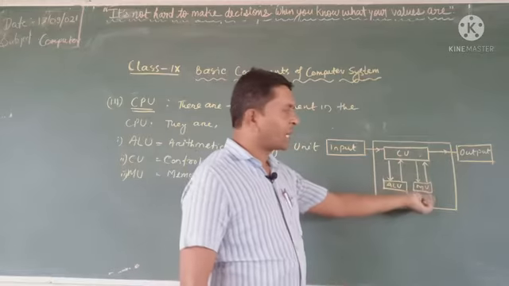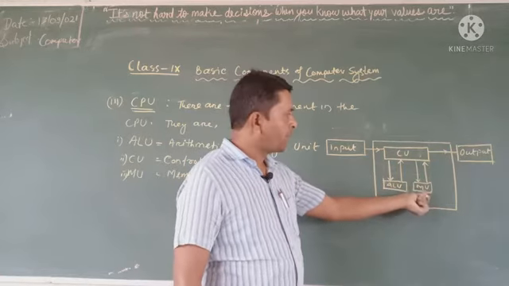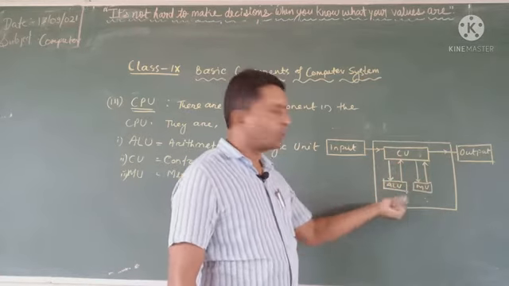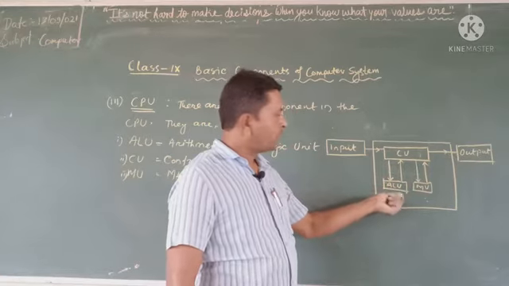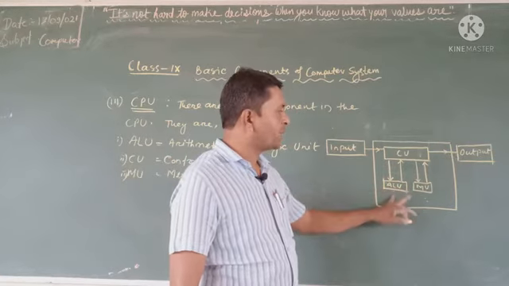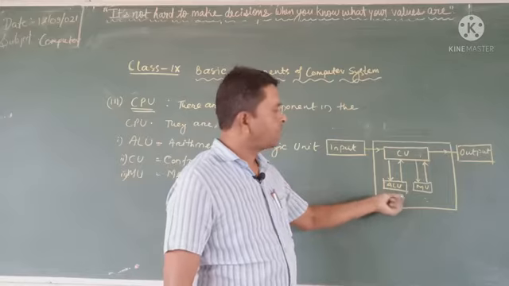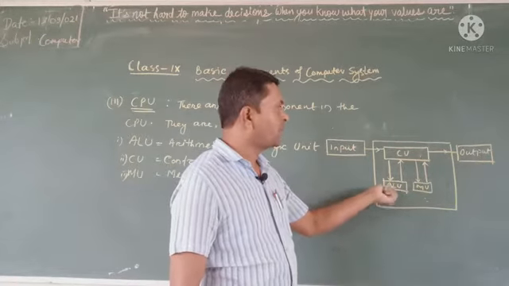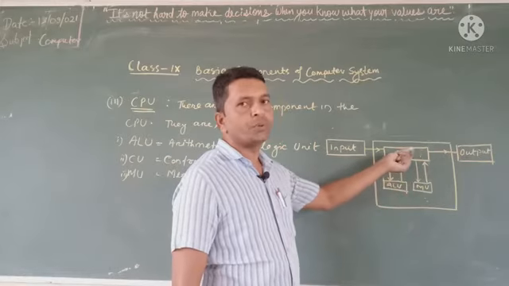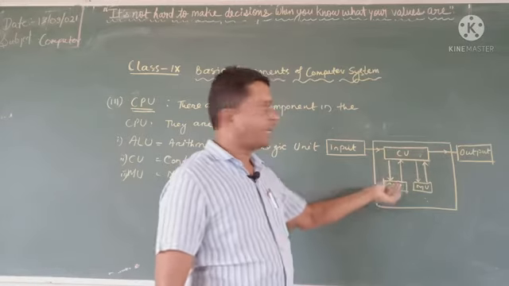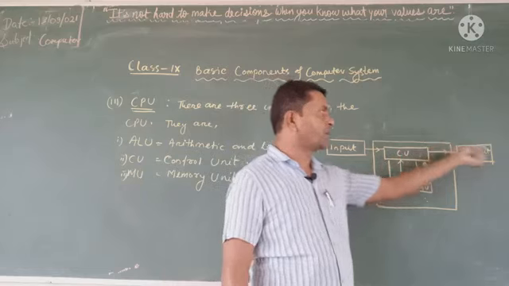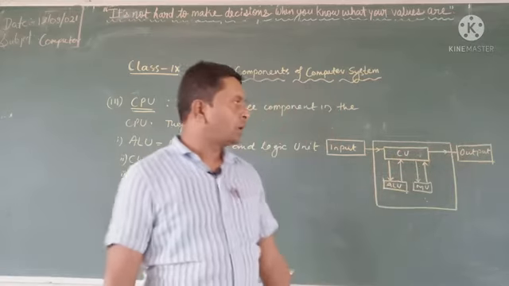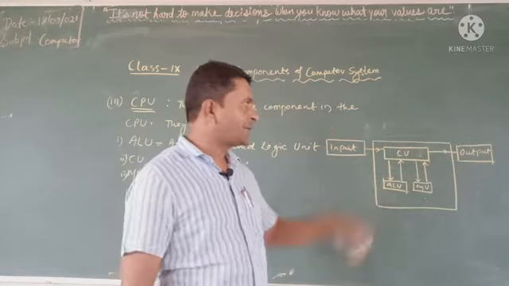It retrieves the data from the memory unit and gives it to the ALU. All the arithmetic and logical calculations are processed here, and the result is sent to the CU. After that, the result is transferred to the output device. All these processes go like this.